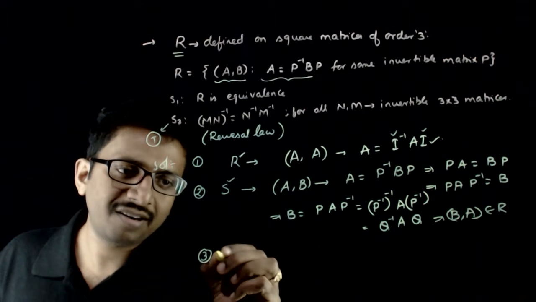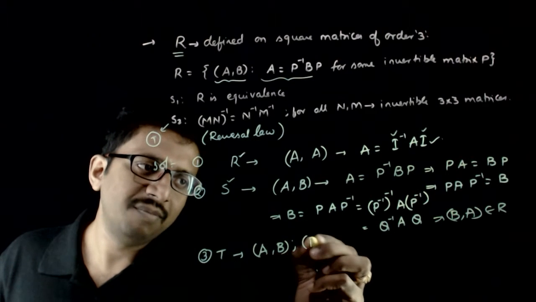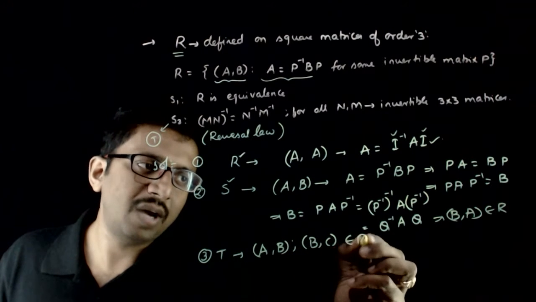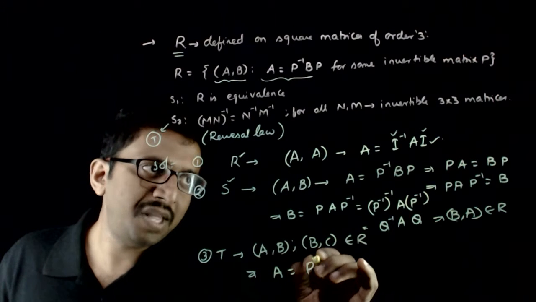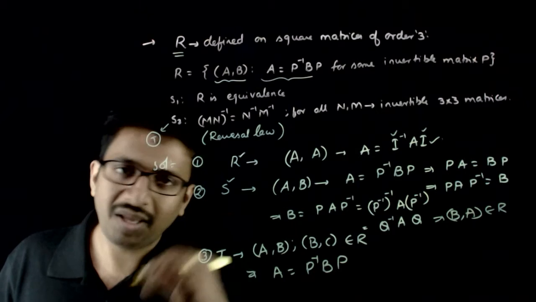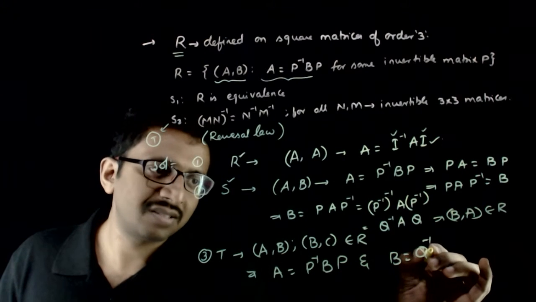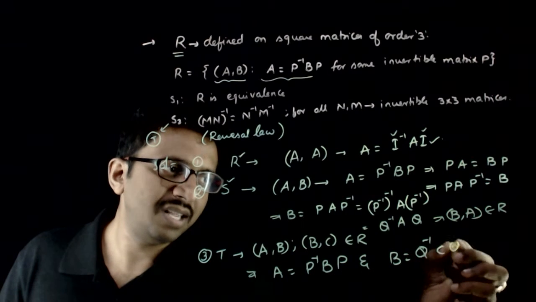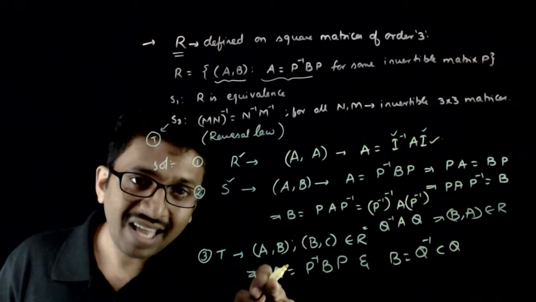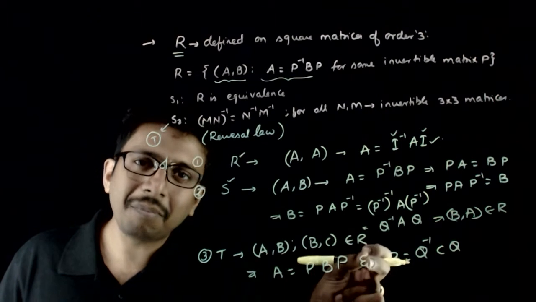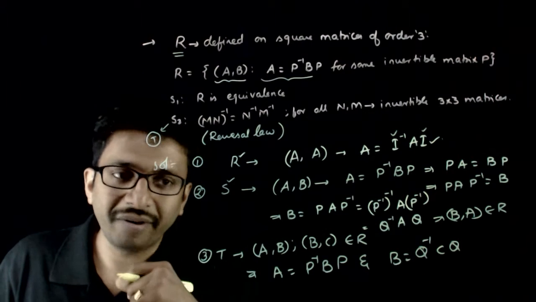Now for transitivity, if A comma B and B comma C belong to R, this implies A is equal to some P inverse BP and B is equal to some Q inverse CQ. Now using these two, can I write A as some matrix inverse C some other matrix? That's what you need to analyze.